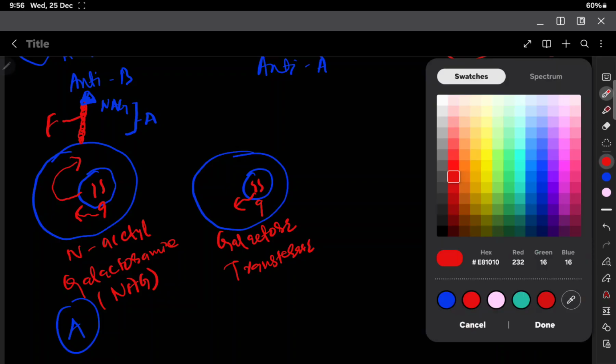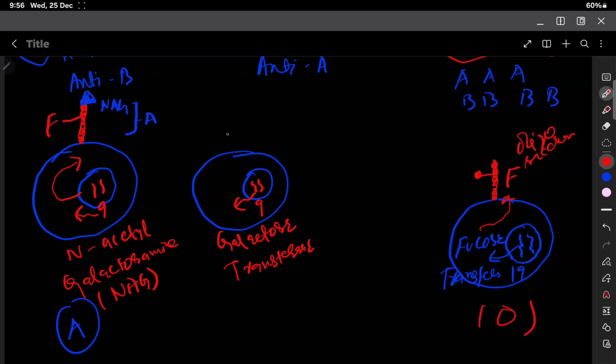And already there will be presence of the fucose. Fucose is present in everyone. So here is fucose, and now it transfers galactose to the surface. For example, this here is a galactose.